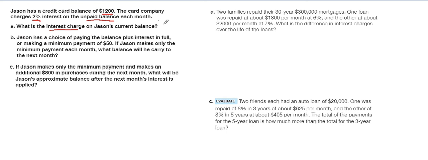We were talking about letter A, finding the interest charge on his unpaid balance of $1,200. Remember how we find a percentage of an amount. 2% in decimal form so that we can use it is 2/100ths. We multiply that times the amount to find how much interest that is.